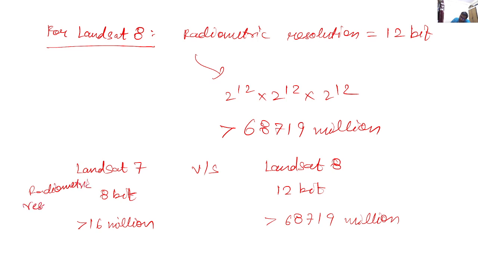So the number of discretizations in Landsat 7 would be 2 to the power 8, and the number of discretizations in Landsat 8 would be 2 to the power 12. That's the only thing. If you observe an image, the clarity would be more in Landsat 8.